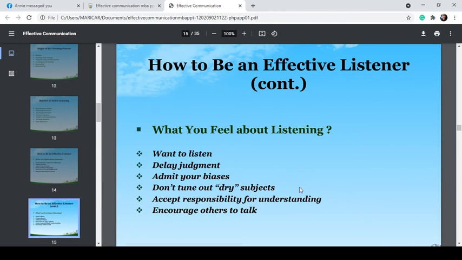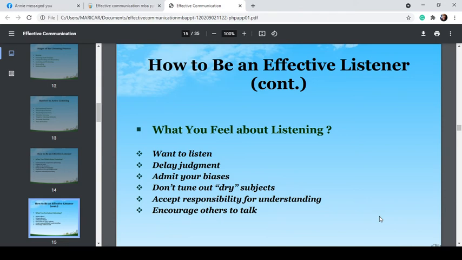What you feel about listening? Okay, unang-una, want to listen. So, dapat gustong-gusto mo yung papakinggan mo. Delay judgment. Makinig ka muna bago ka magbigay ng verdict. Admit your biases. Don't tune out dry subjects. So, wag kang mag-tune out o magdi-disseminate ng hindi magandang mga subjects.